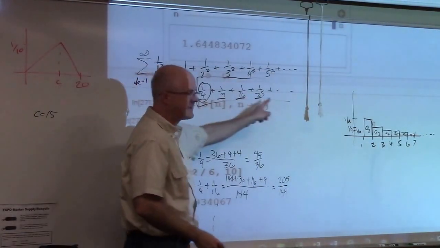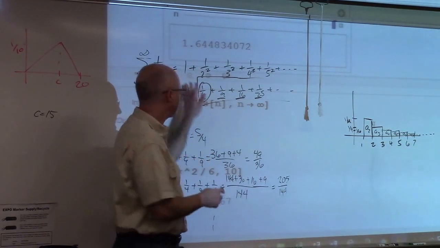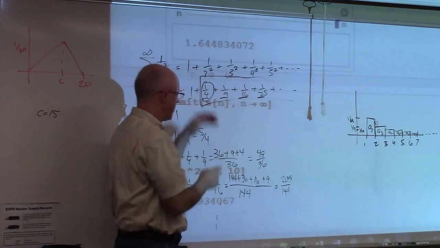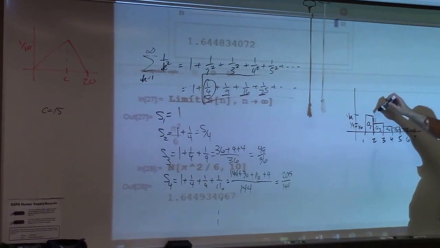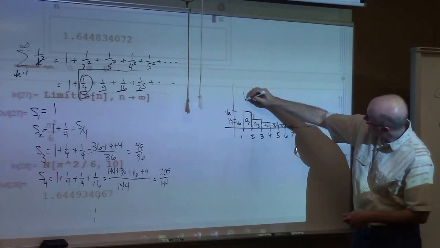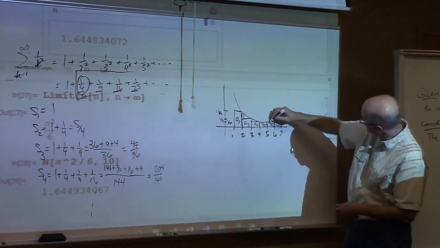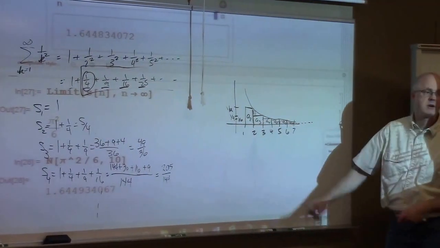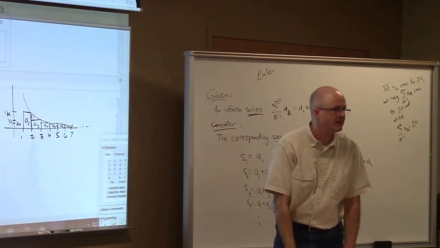Now, if we can't figure out what this sum equals without asking Mathematica or Euler, we're not going to be able to figure out what that sum equals without asking Mathematica or Euler. However, if we are careful to realize that the total area of all these rectangles going on forever is less than the area under a curve that looks like this and goes through the upper right corners of those rectangles, and if the area under that curve is finite, then the area of all those rectangles is going to be finite.